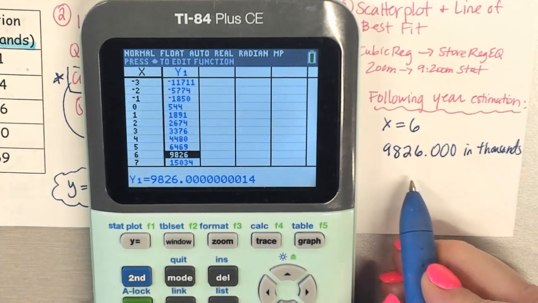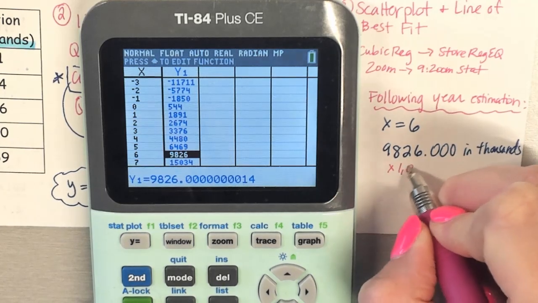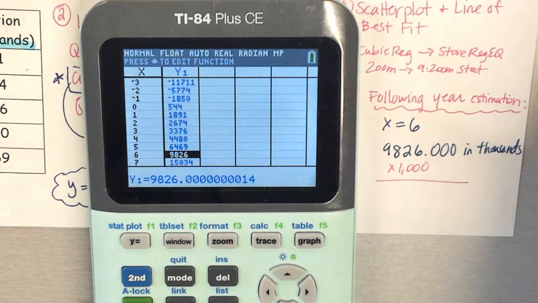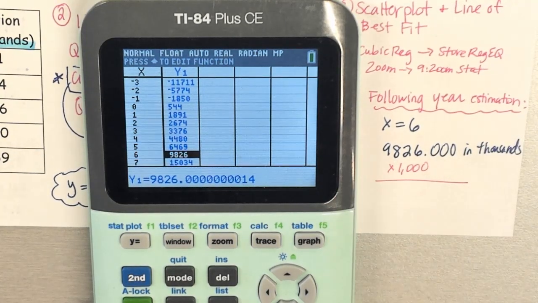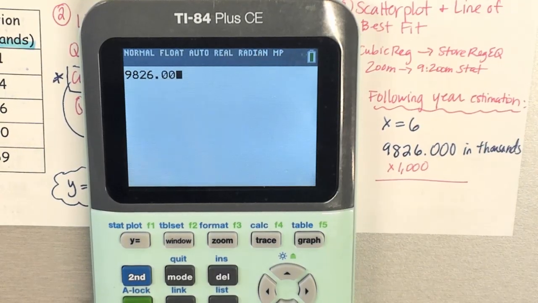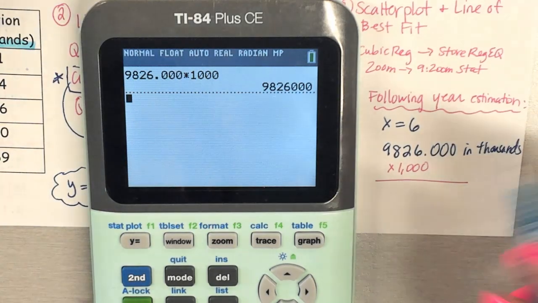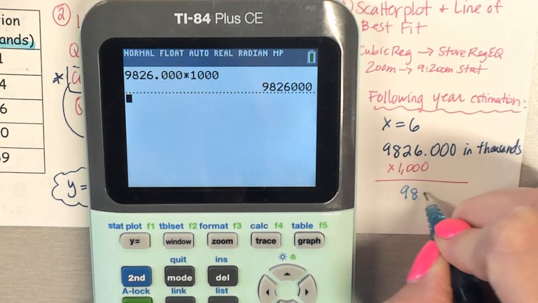To convert a decimal to thousands, all you have to do is multiply by 1,000, and that's going to be your final answer. So you're just going to take that value, 9826.000, and multiply by 1,000. You can probably figure out what it is even without your calculator.